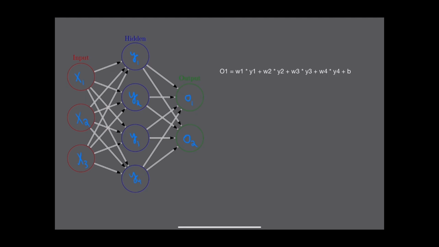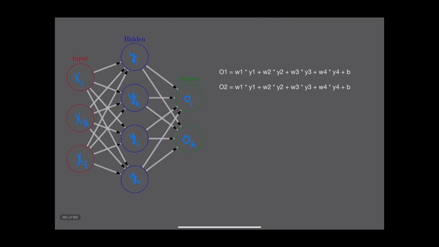Just as in the previous layer, O1 is calculated using our linear regression formula, except this time it has to factor in Y1 all the way through Y4. So we have an additional W4. We don't just have W1 through W3, we also have W4, and of course we have our constant term B. O2 is calculated the same way using Y1 through Y4, but we should remember that W1 through W4 as well as B for O2 for that node are learned completely separately.